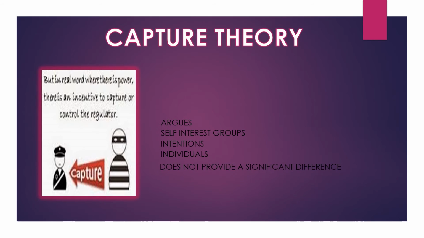The theory does not provide a significant difference from the public interest theory. The theory suggests that the public interest is the beginning of regulation. This is a similar suggestion to that presented by the public interest theory, by J. Hartog in his article General Theory of Regulation.